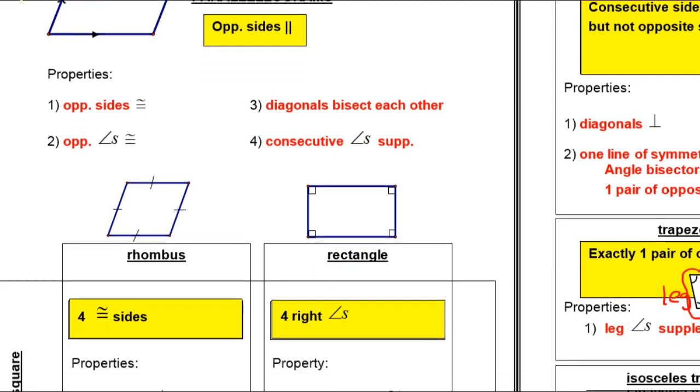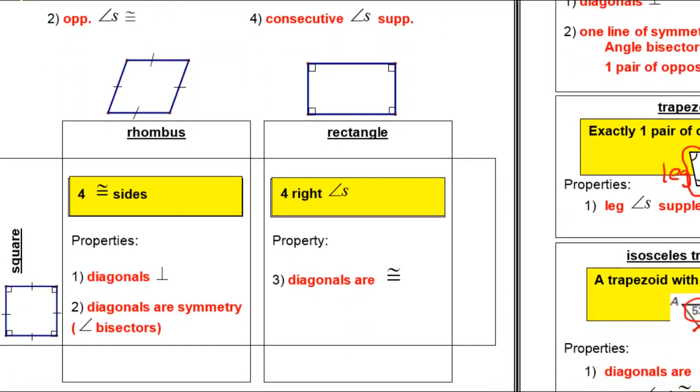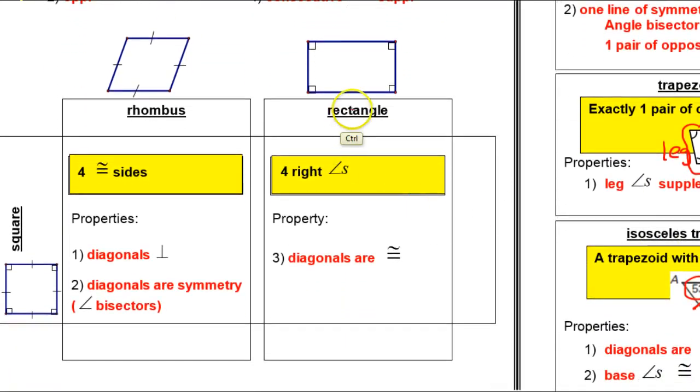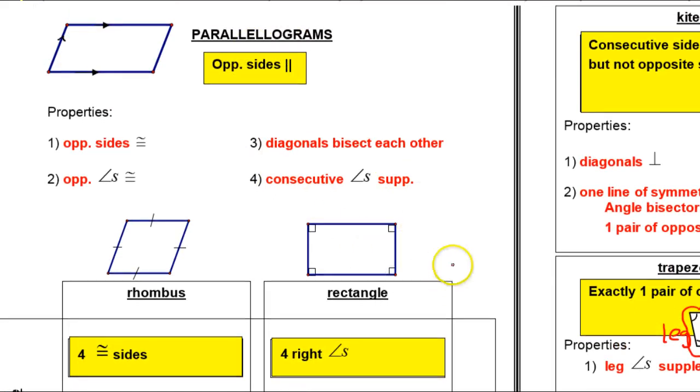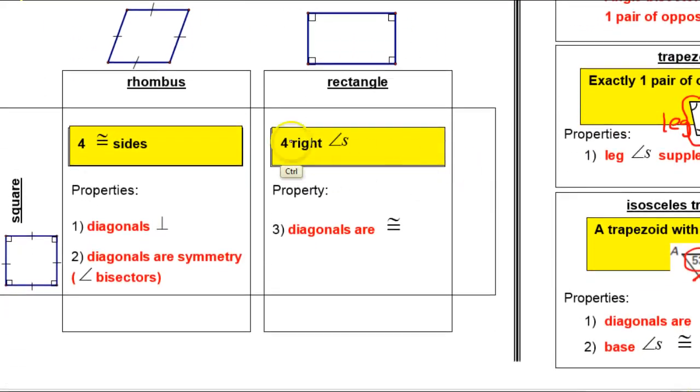In addition to those 5 things, a rectangle has a definition and a special property. The definition is 4 right angles. So all of those 5 things I just said about parallelograms are true for a rectangle, but also the definition, 4 right angles, plus the special property, the diagonals are congruent.